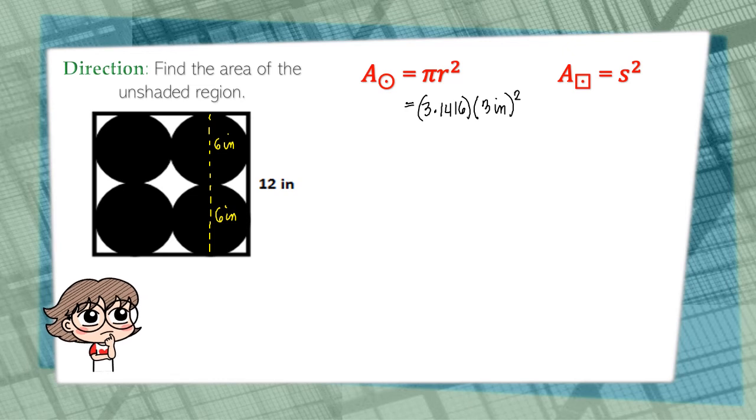Okay, so now let us multiply or simplify first. What is 3 inches times 3 inches? So we do have 9 inches squared.